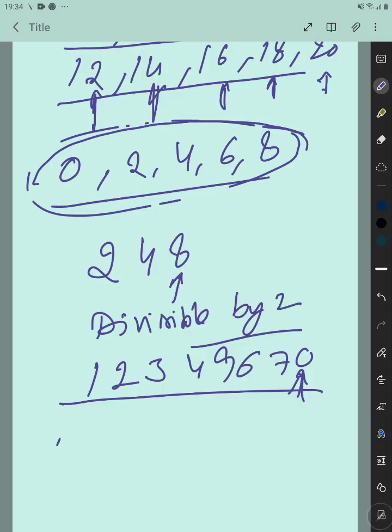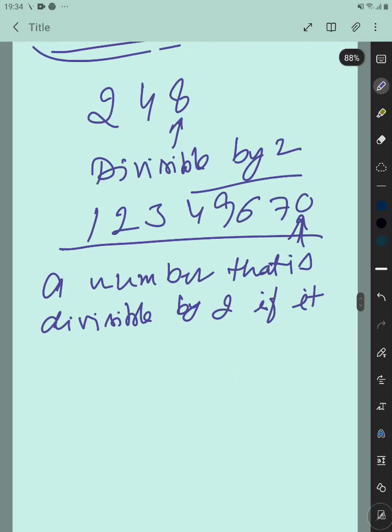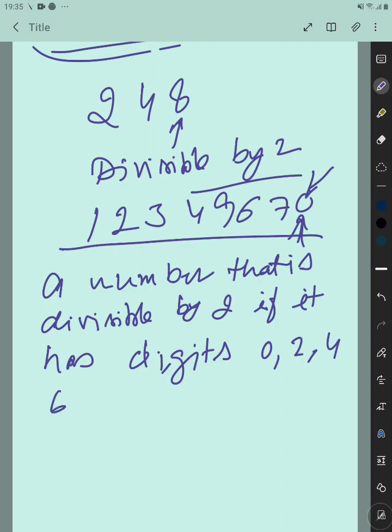So we can say that a number is divisible by 2 if it has, at the ones place, one of the digits 0, 2, 4, 6, 8.